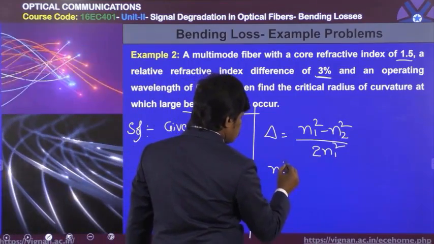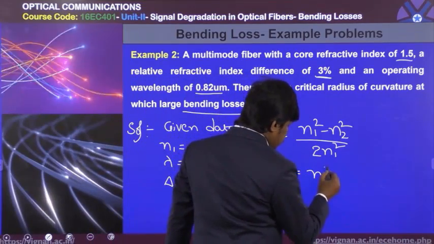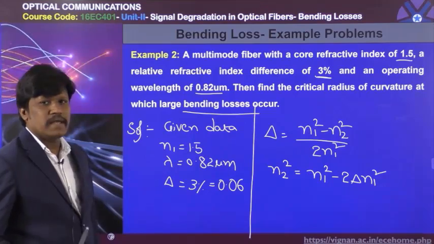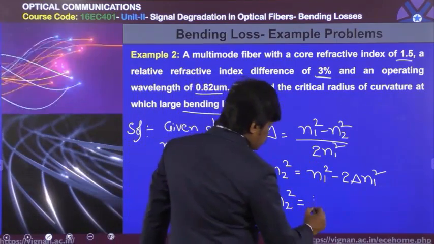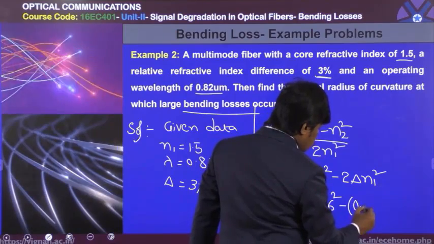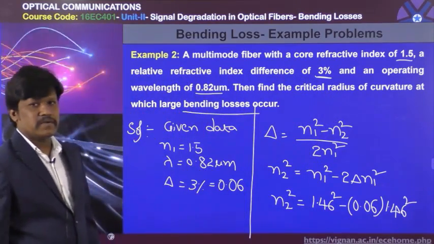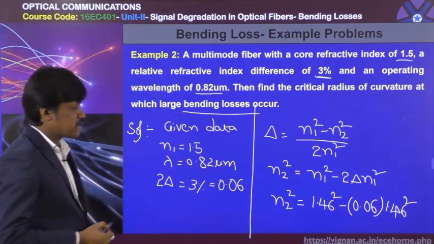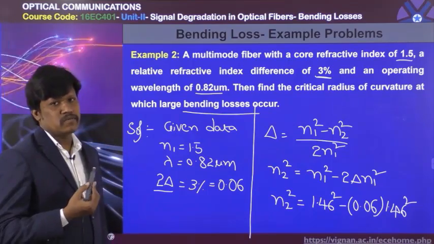So n2 square is equal to n1 square minus 2 del n1 square, that is n1 square minus 2 del, 0.06, into n1 square.